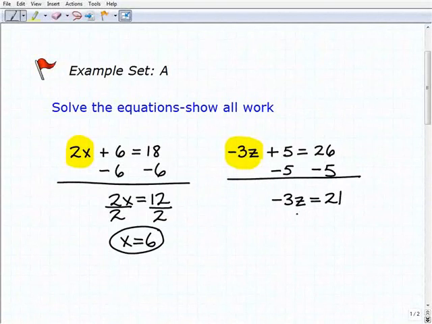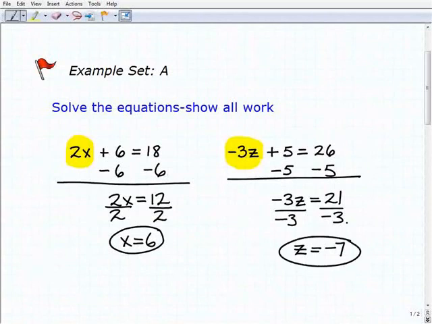To solve for z, I simply need to divide both sides of the equation by negative 3. That's our step 2, solving that basic one-step equation using the division inverse operation. So we get negative 3 divided by negative 3, that's positive 1z, or simply z, and that's going to equal negative 7.